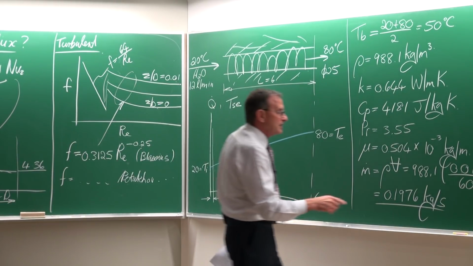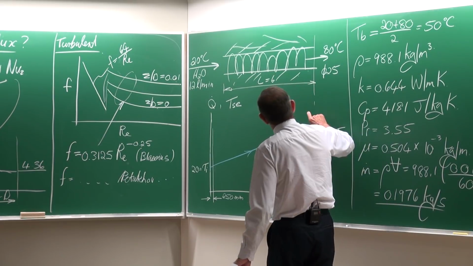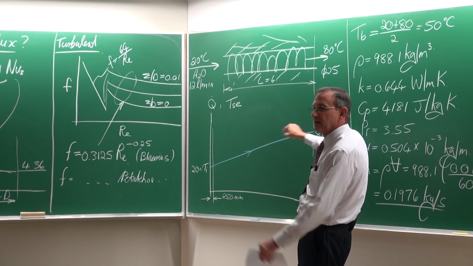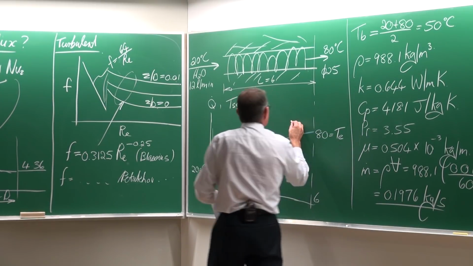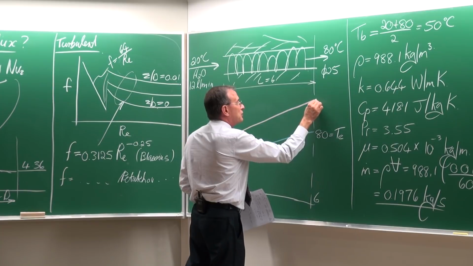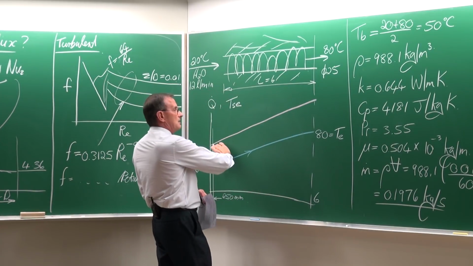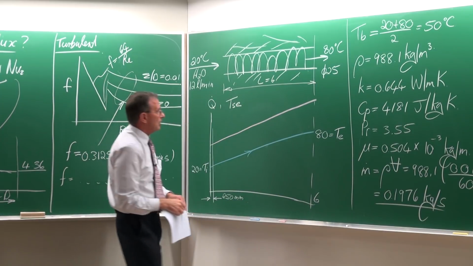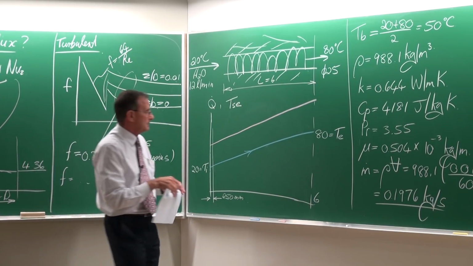And if it is fully developed, then it means this heat transfer coefficient is constant and the delta T is constant, as we've done in this work. So we know that the wall temperature should do something like that. Maybe it doesn't look parallel, but it's parallel to that line, so the delta T is constant.